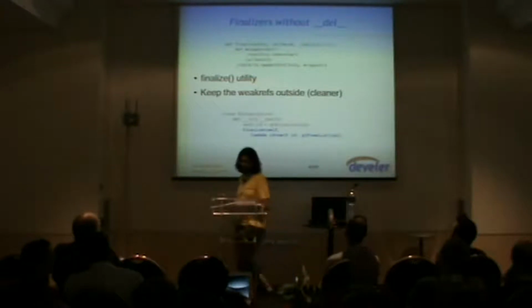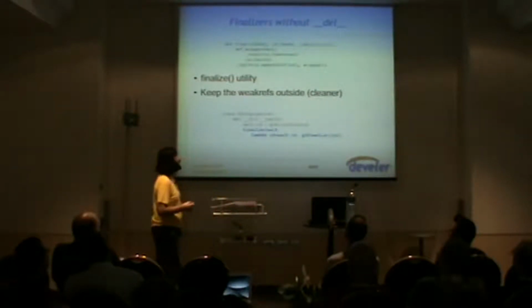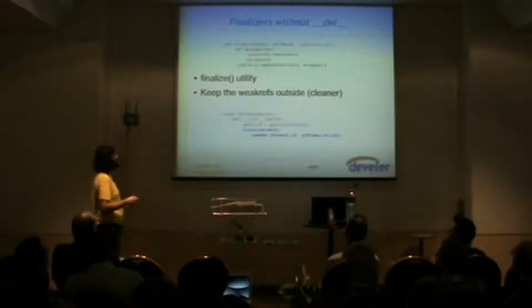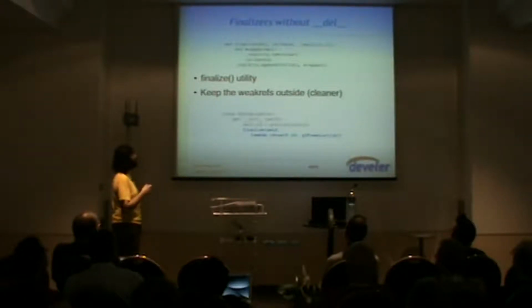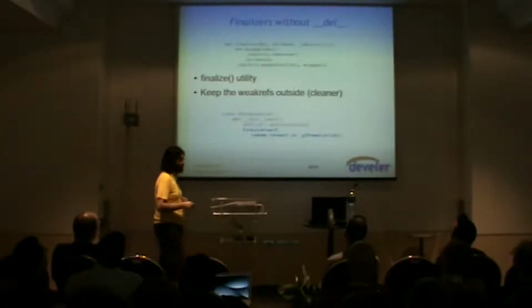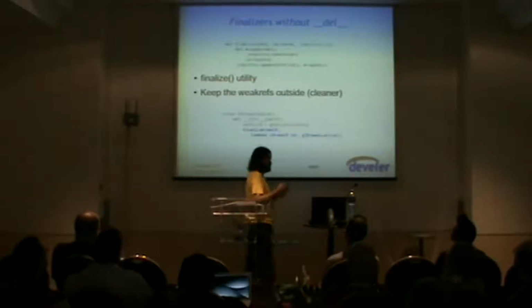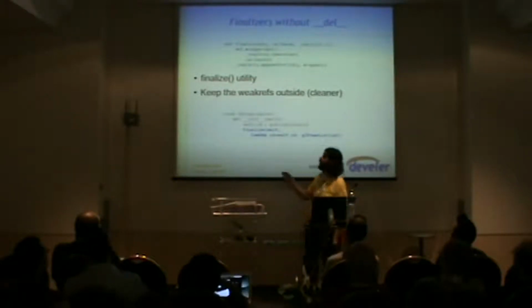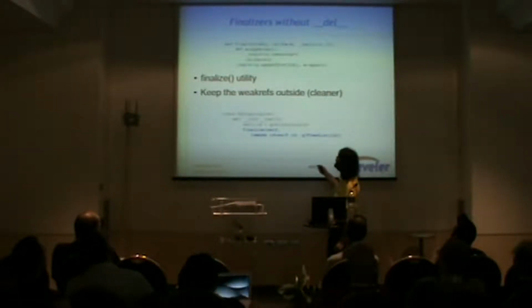I was discussing this with Raymond Hettinger a few years ago, and he proposed a finalize function, where you basically register a finalizer. So you basically say, okay, when this object dies, I want this callback to be called, okay?